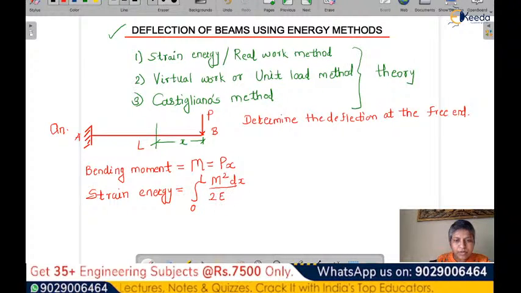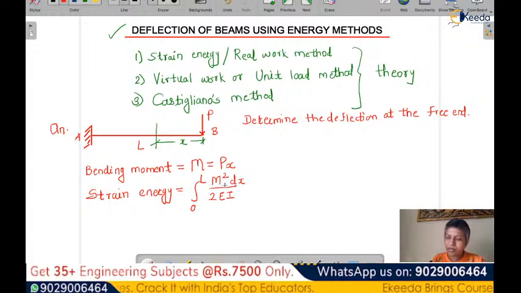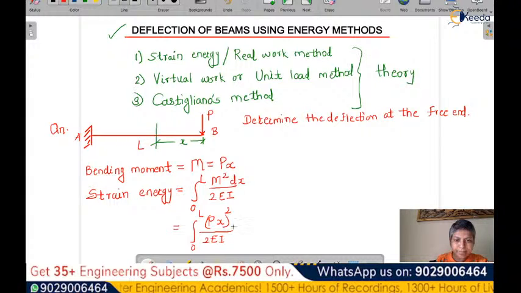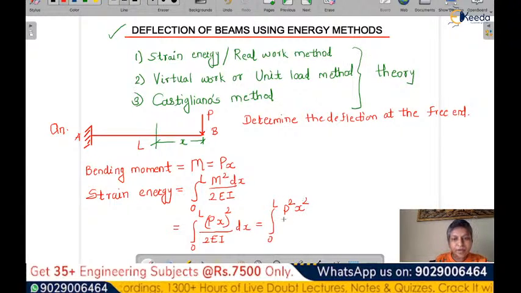This is the formula you have to refer to. Now M square you can write as P square x square, so it becomes the integral from 0 to L of P square x square by 2EI dx.